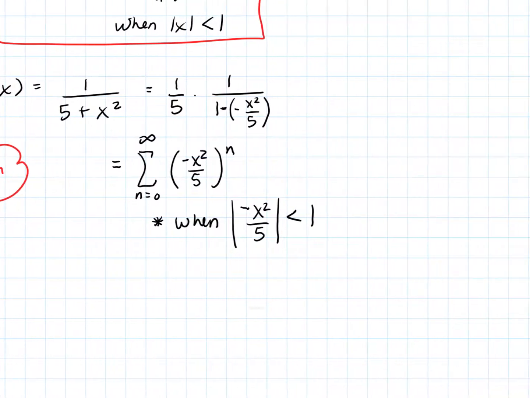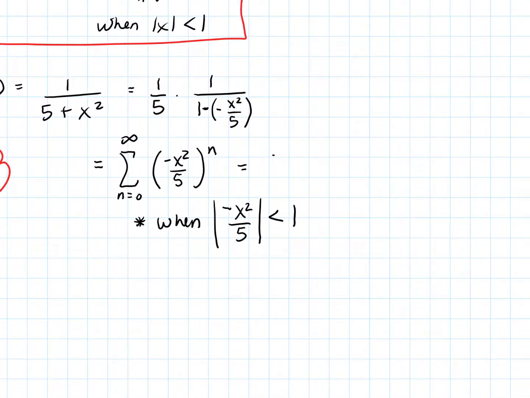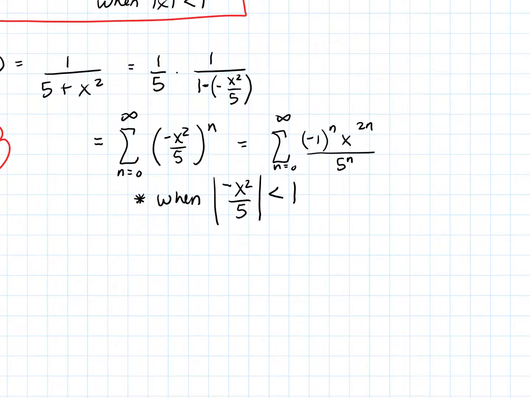Again, that's what I'm working with. And then I can just simplify this a little bit. This is the sum from n equals 0 to infinity of negative 1 to the n, x to the 2n over 5 to the n. And this will be true as long as, when we take the absolute value, x squared over 5 is less than 1, which means x squared must be less than 5, or the absolute value of x must be less than the square root of 5.